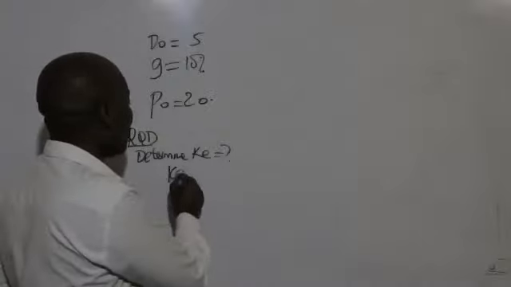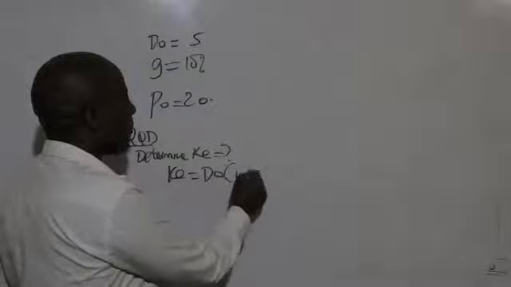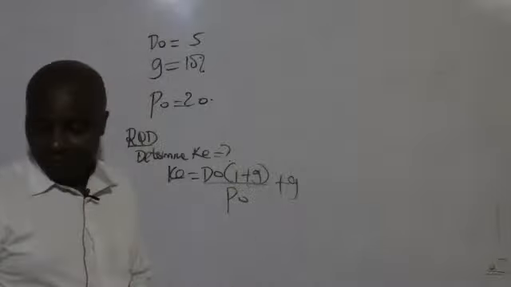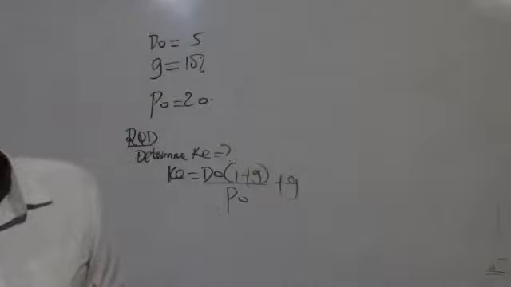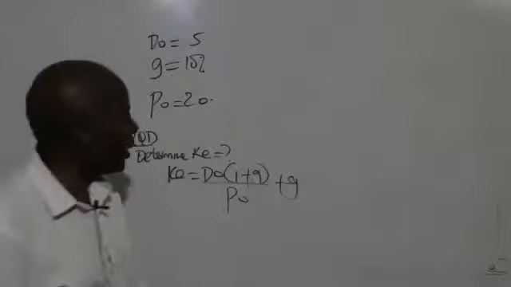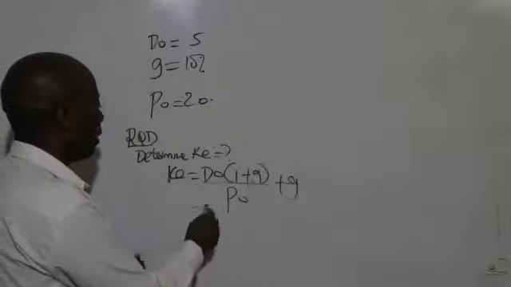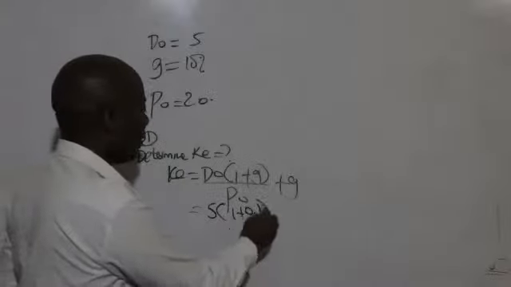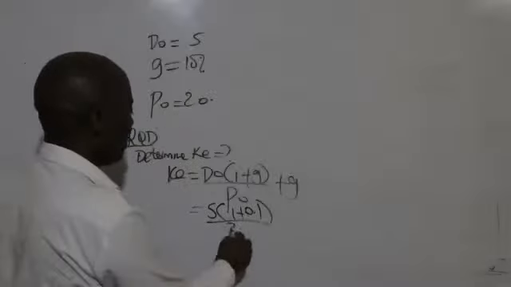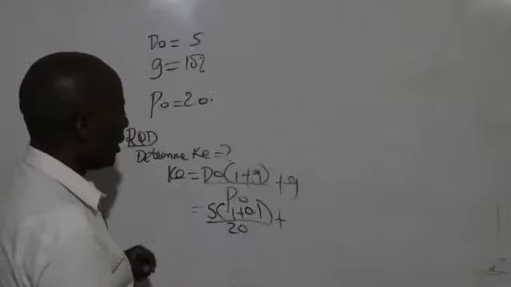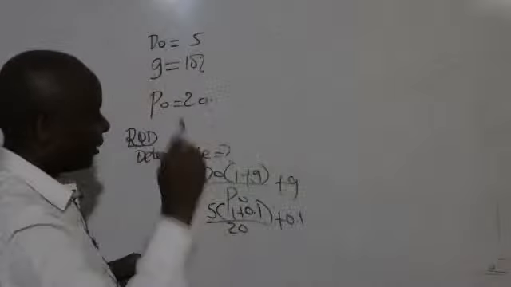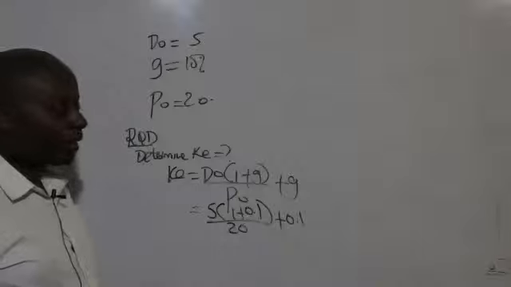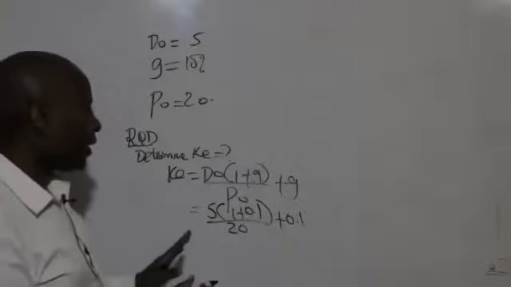I'll take D0 into 1 plus G, all over P0, plus G. So my D0 here is 5 into 1 plus G, 0.1, all over P0, which is 20, plus G, which is 0.1. So could you kindly give me an answer? That's 7.5. Thank you.